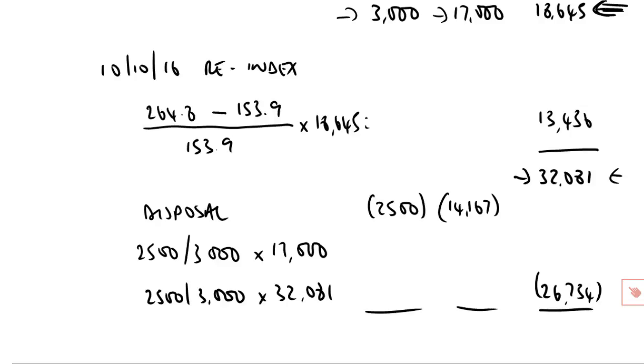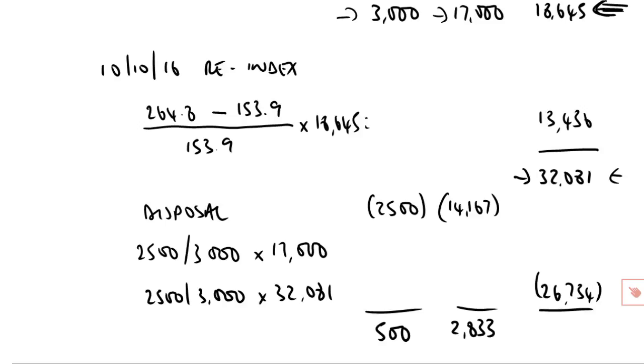And that means you can now get your revised balances. That would be 500 shares still within the share pool, having taken 14,167 away from 17,000. That would leave you with £2,833 of share cost.